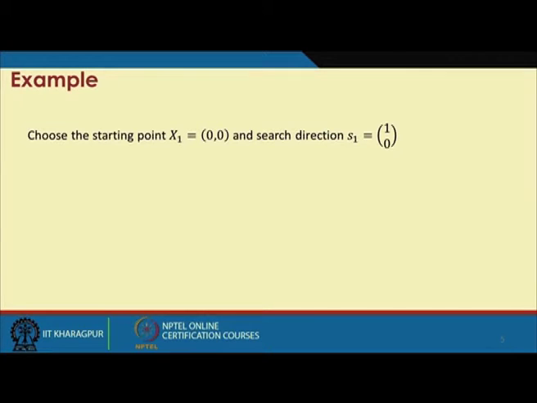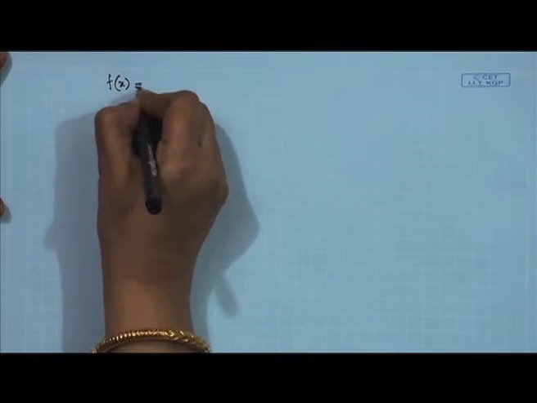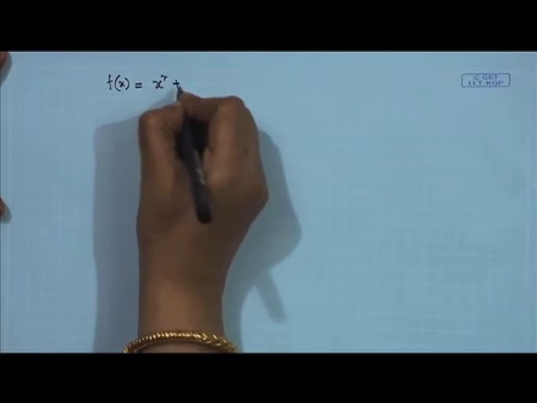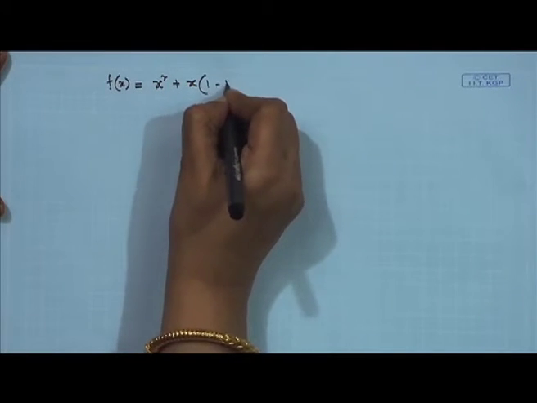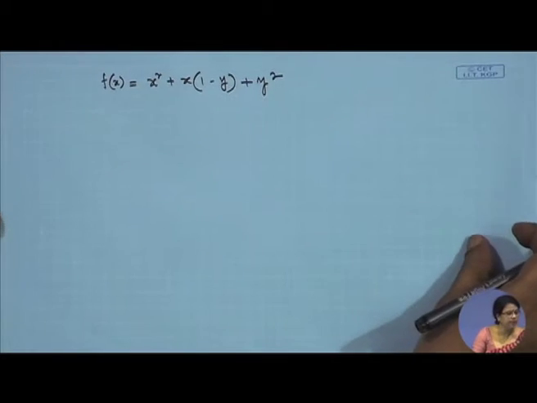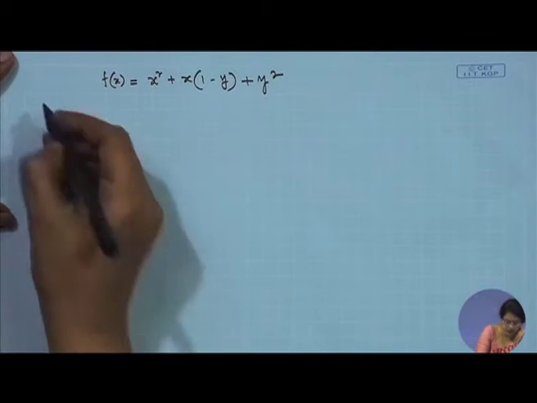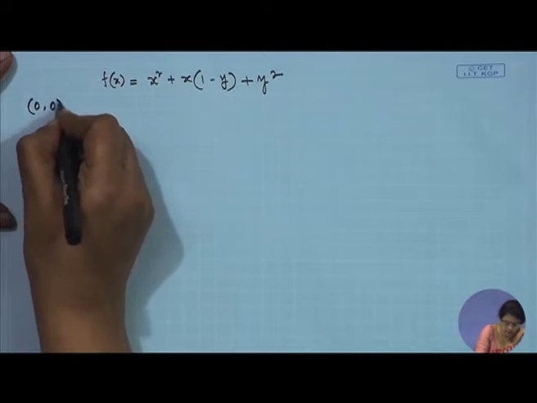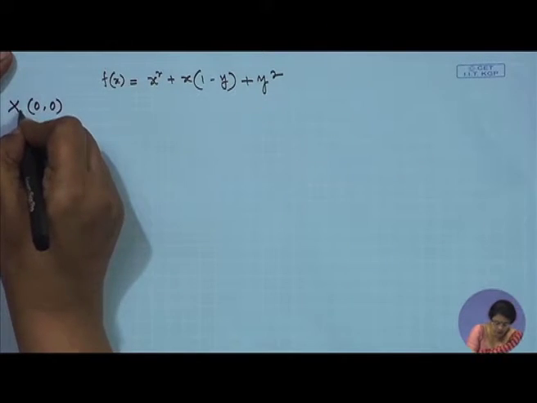Now, you just see, this is my function x square. Now, my starting point is 0 0, this is my first point.